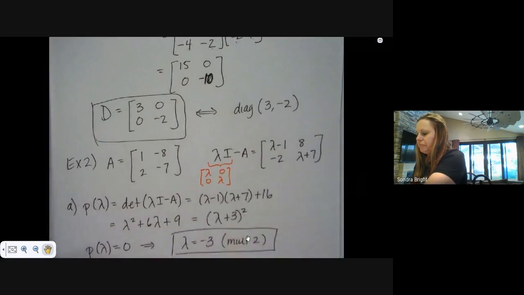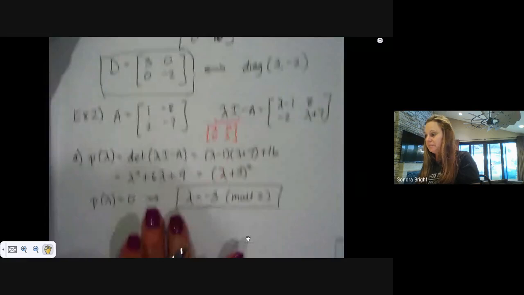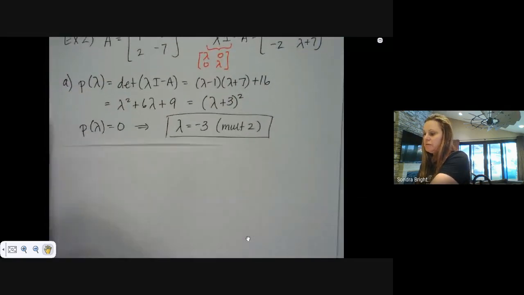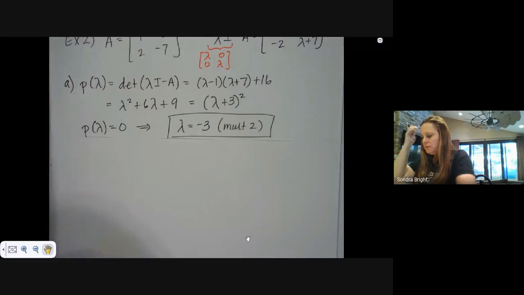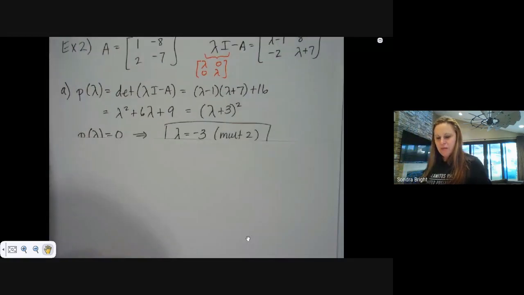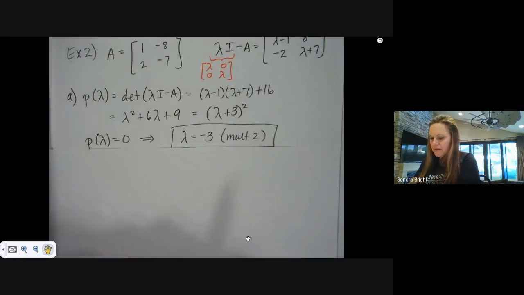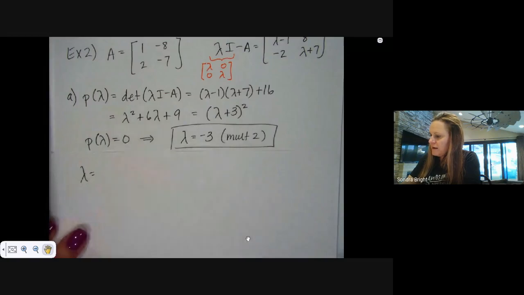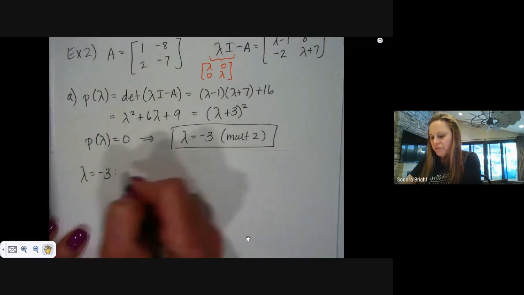One eigenvalue this time with multiplicity of 2, which is a 2 by 2, so should match up. Okay, so let's find the eigenvector corresponding to it. When lambda is -3, it would give me -3 minus 1, which gives you -4.